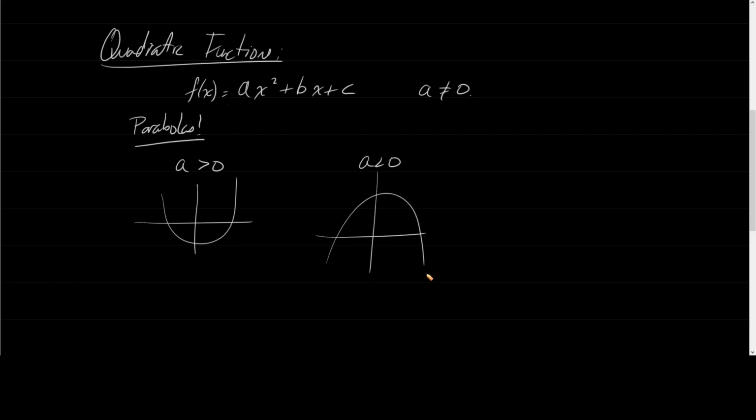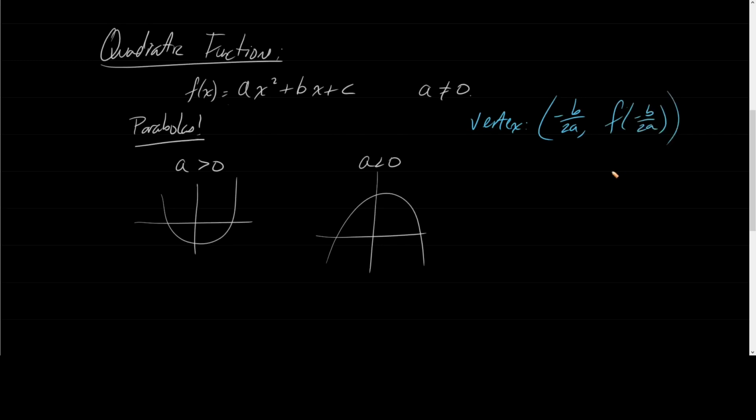Now, in these parabolas, if we have it in this form of ax squared plus bx plus c, then our vertex is at the point negative b over 2a, comma, f of negative b over 2a.